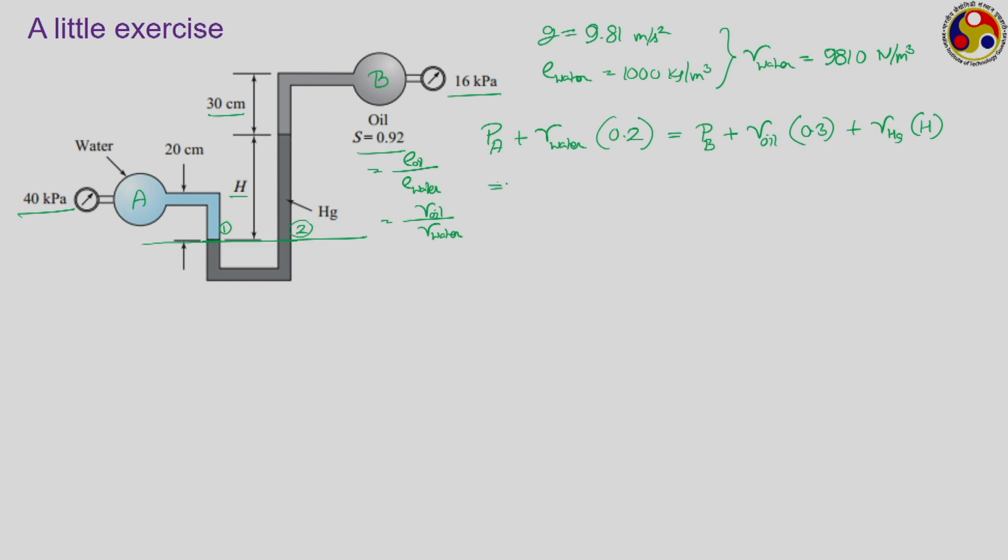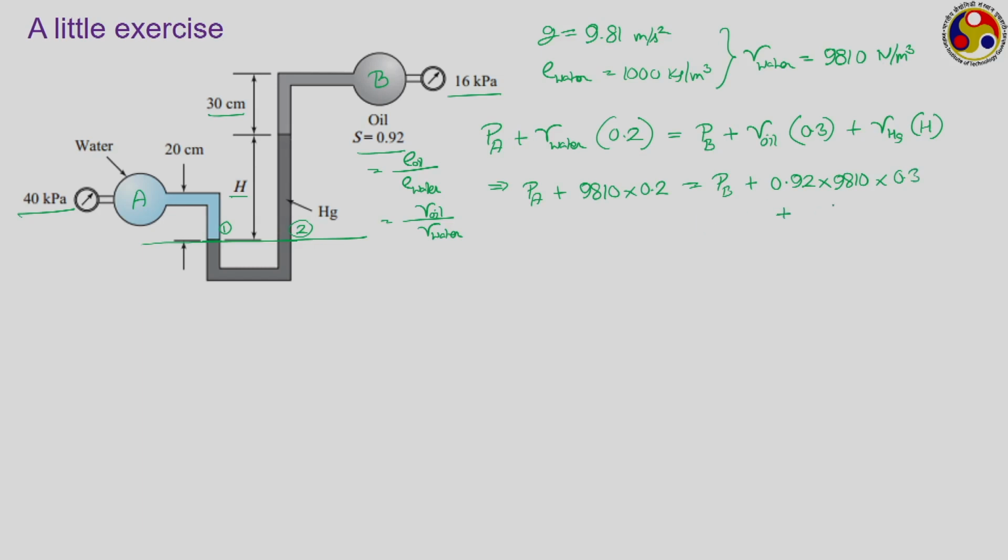Rather, if we come back to this now, we have Pa plus gamma for water, which is 9810 into 0.2, equal to Pb plus gamma for oil. In this particular situation, specific gravity is 0.92 into gamma for water, which is 9810 into 0.3, and that for mercury.